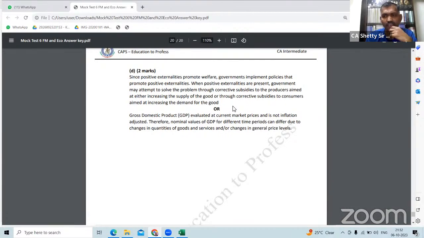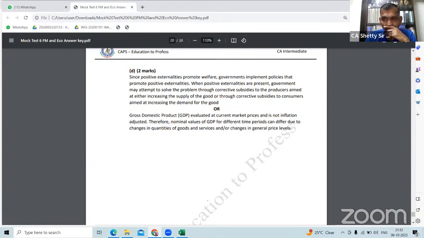According to my common sense, let's see what the question was. The question is: advantages of positive externalities. Now, what bullet points have you written? You have to write and give it. What is your point? Sir, one minute. Positive externalities promote welfare. Government is the common sense answer. Sir, I have written positive externalities refer to activities by consumers or producers that confer benefits in society, which is reflected by the fact that marginal private benefit is less than marginal social benefit.